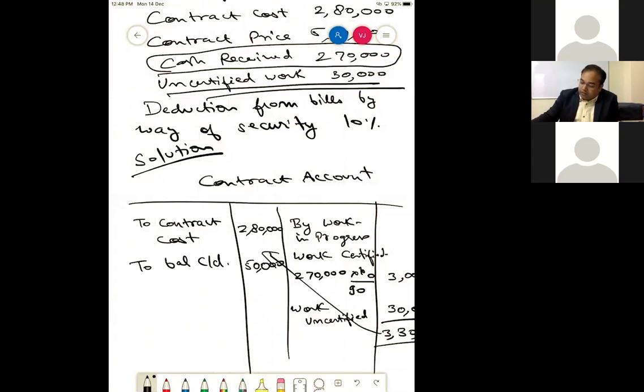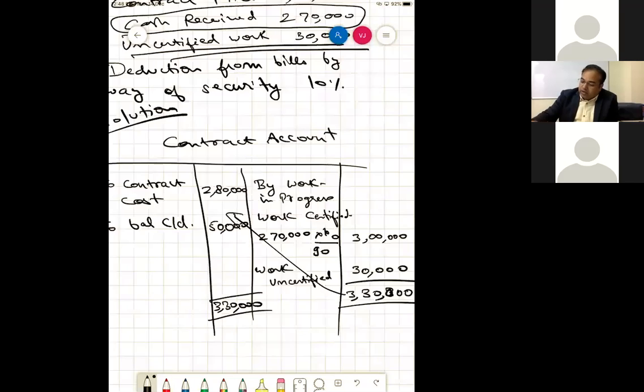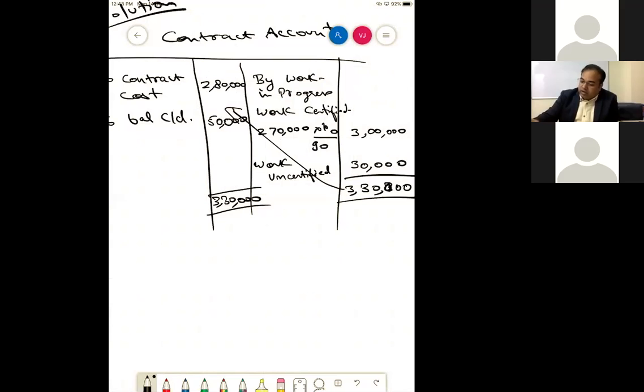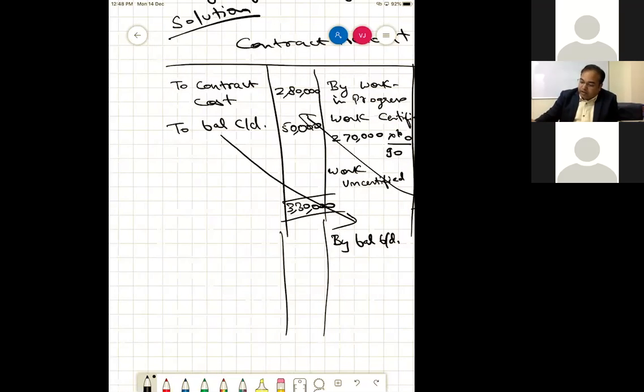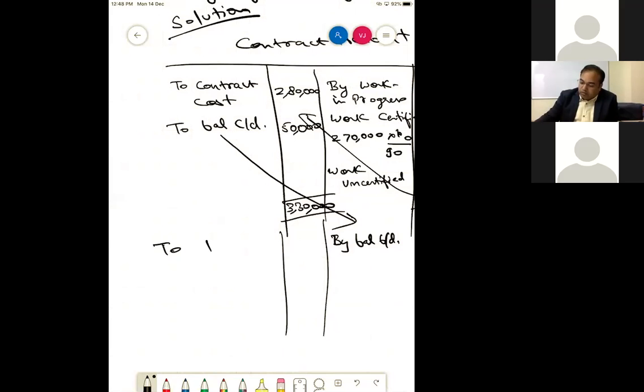So you write down 50,000, you match it up, you get this, and then I told that this carried down would be brought over here. You bring it over here to balance brought down 50,000.